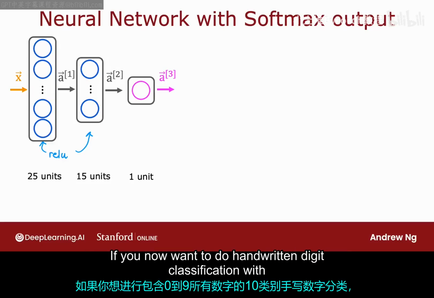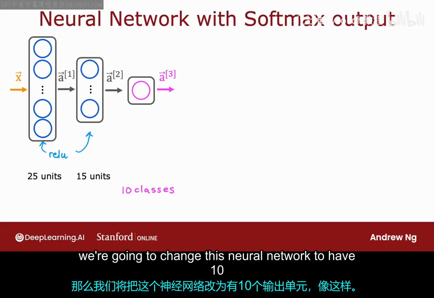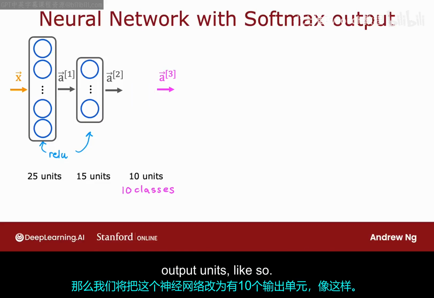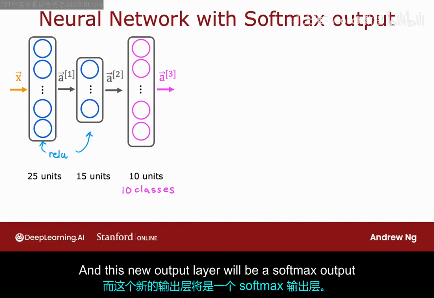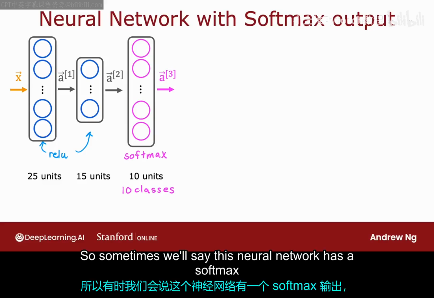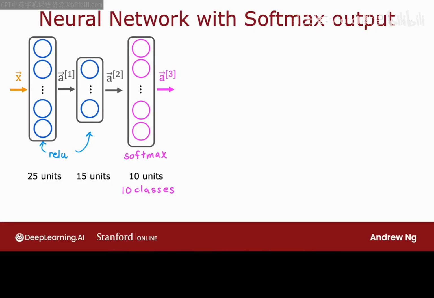If you now want to do handwritten digit classification with 10 classes, all the digits from 0 to 9, then we're going to change this neural network to have 10 output units, like so. And this new output layer will be a softmax output layer. So sometimes we'll say this neural network has a softmax output, or that this output layer is a softmax layer.